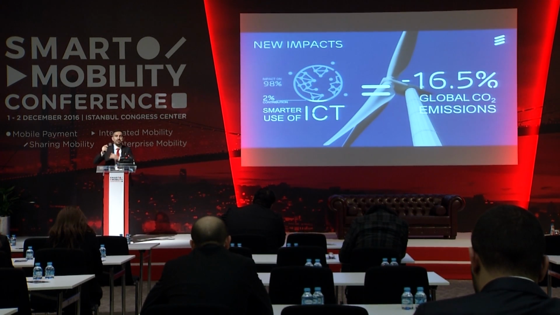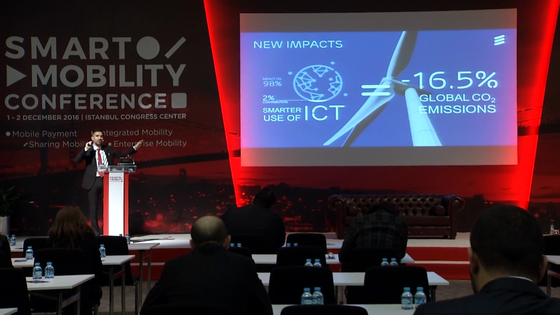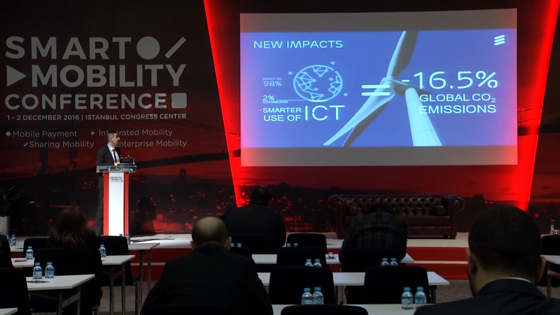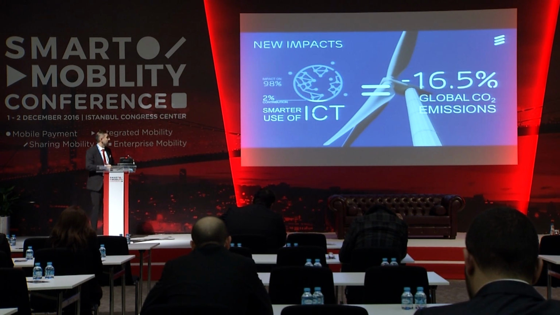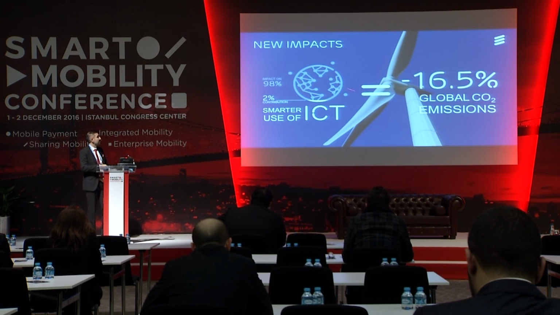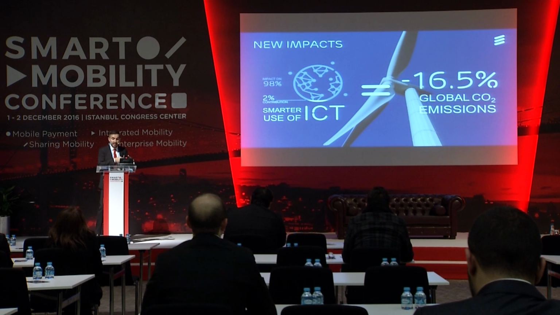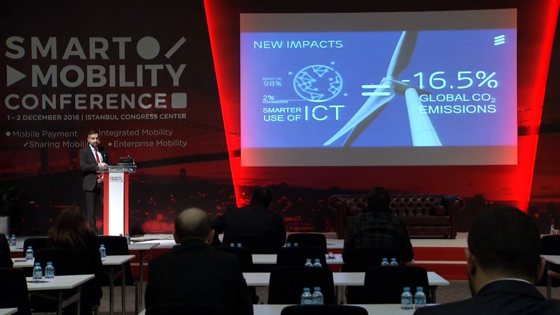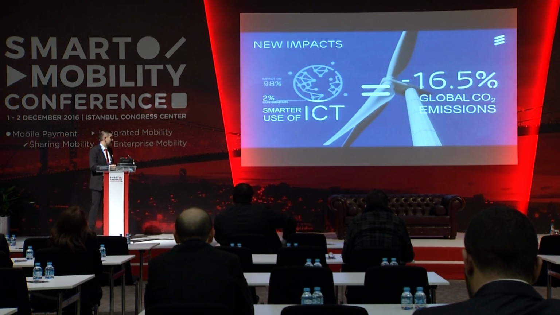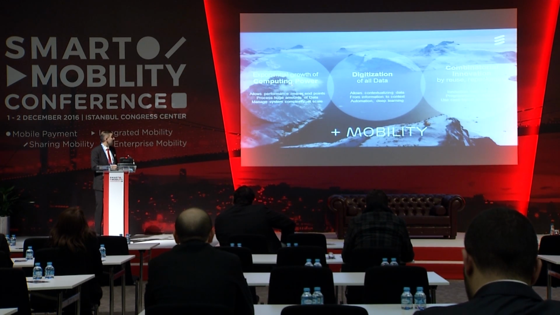So all our phones, all these data centers that you saw, their contribution is 2%. But using ICT properly, we can actually lower the rest of the industry's carbon emissions by 16.5%. That is 10 gigatons, which is the equivalent of US and European emissions combined. So we have to do this.